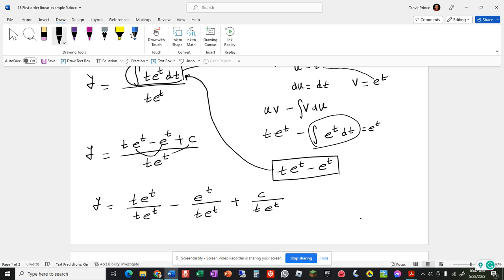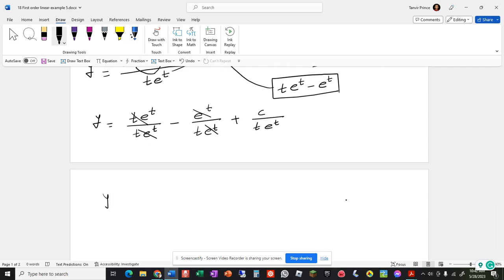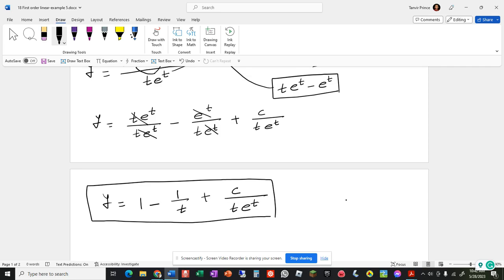So when I do that, this is just 1. This is 1 over t. So let's rewrite what I have. So I end up with y equal to 1 minus 1 over t plus c over t e to the t. So that's my general explicit solution.